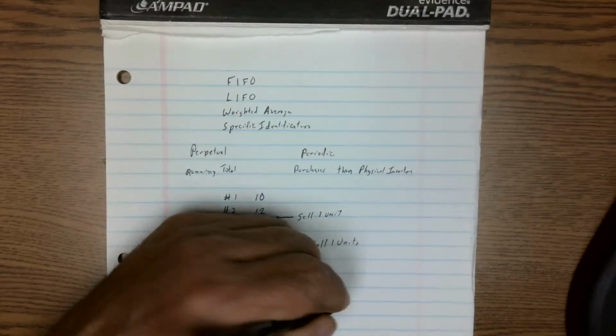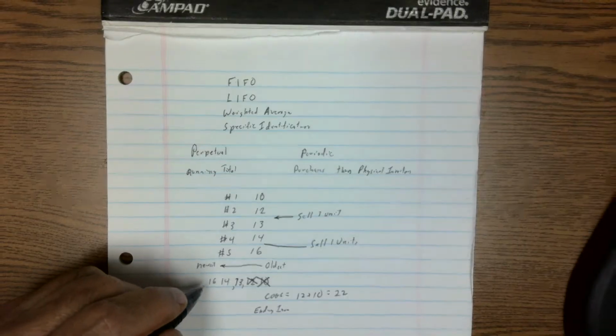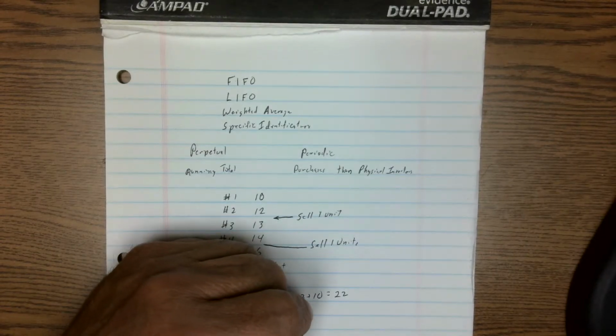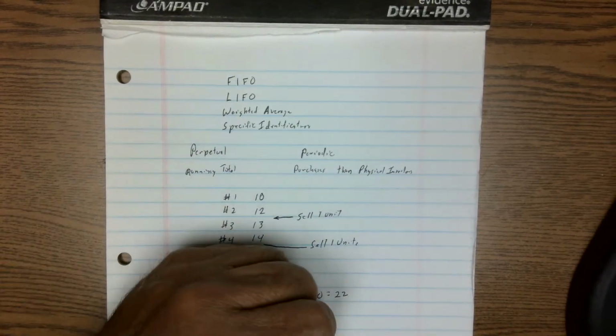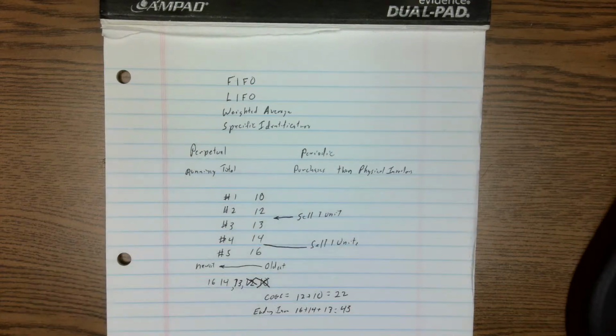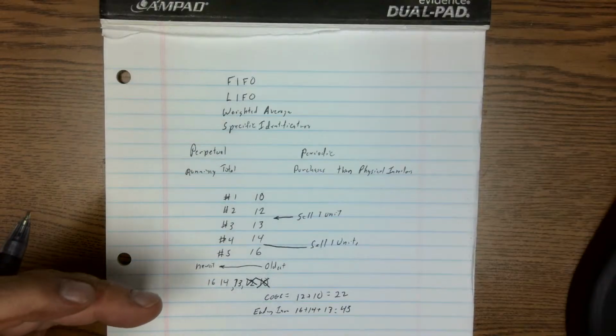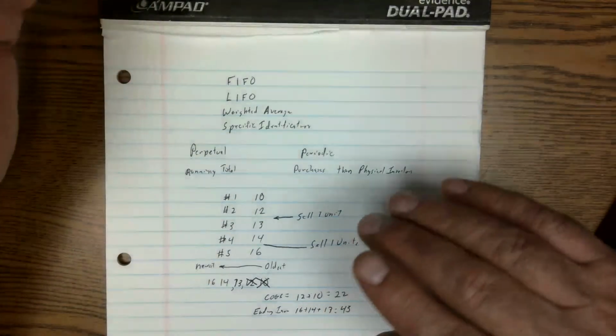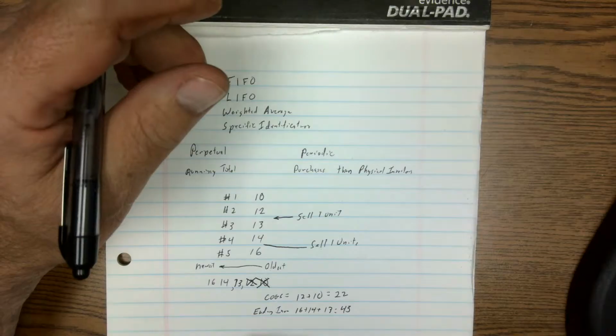That's 22. My ending inventory is going to be 16 plus 14 plus 13, and that's going to be 43. All right, so that was FIFO, and it works out the same whether perpetual or periodic.